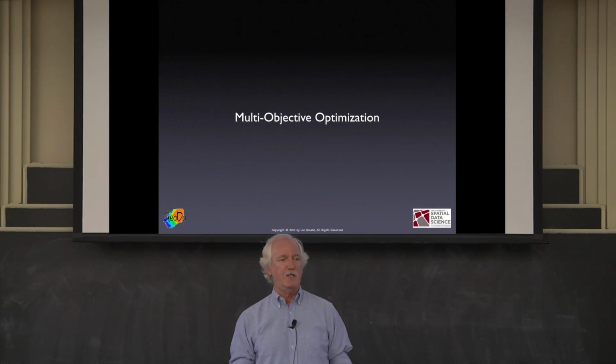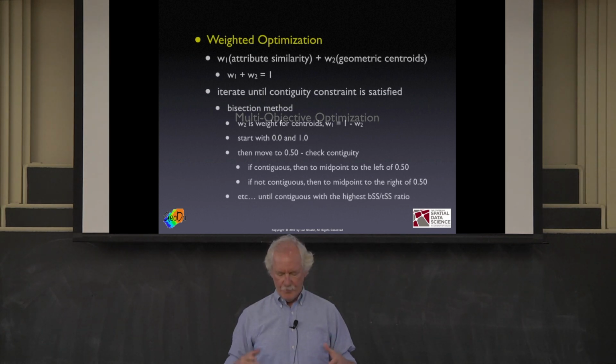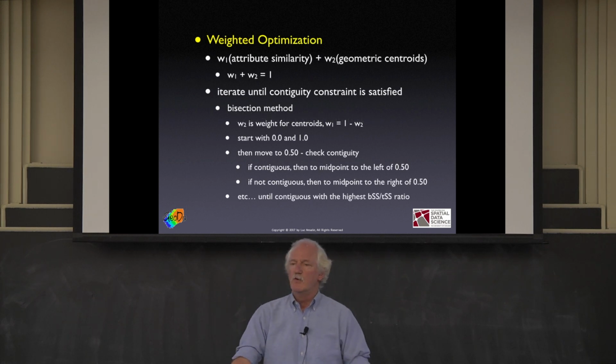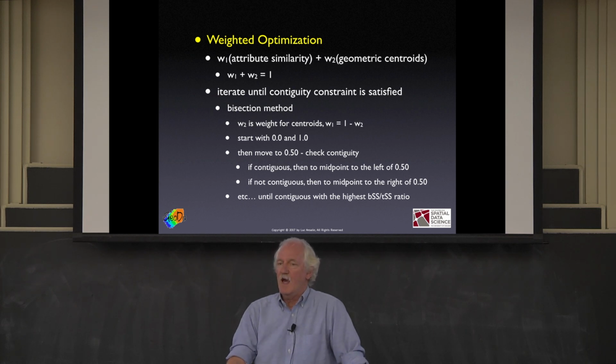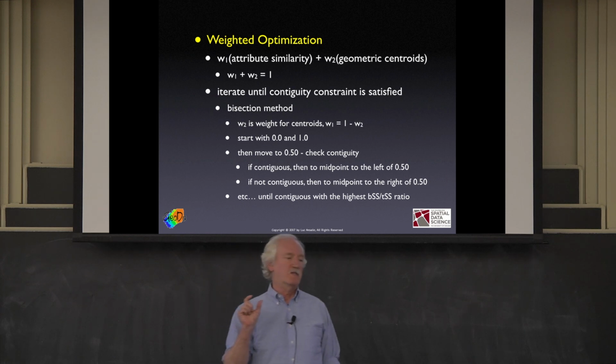Now we make it an explicit multi-objective optimization problem. And I'll use this opportunity to illustrate an optimization strategy, which is a bisection search, which is a very straightforward but also highly effective optimization strategy when you have a single parameter to optimize on. And so we have two objectives, same two: attribute similarity and geometric similarity, which we operationalize as the squared difference between the centroids.